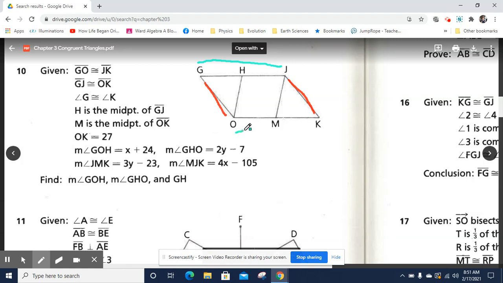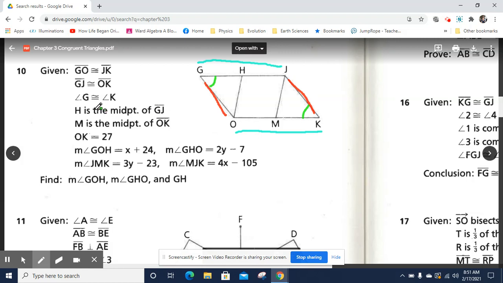And that was me trying not to sneeze on the video. We know that angle G is congruent to angle K. I'll pick a different color for that. There's nothing ambiguous about what angle G and angle K are, so we know those are congruent to each other.